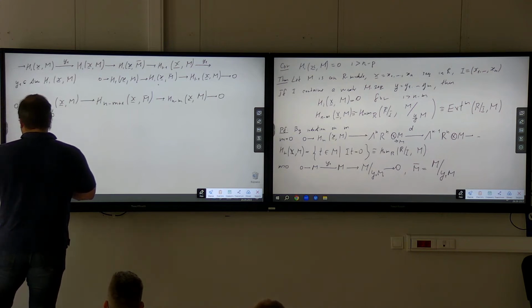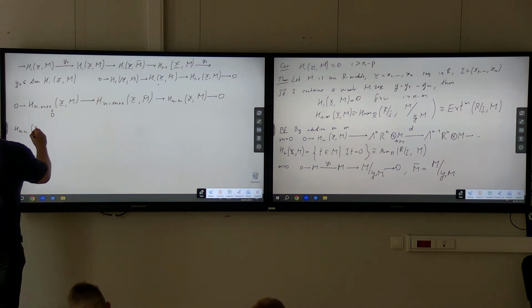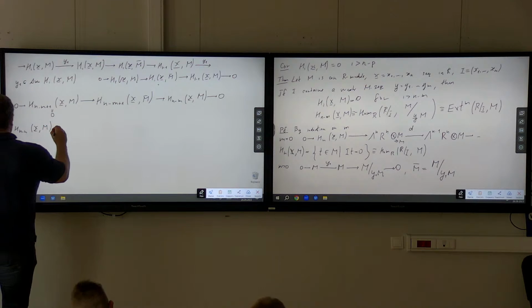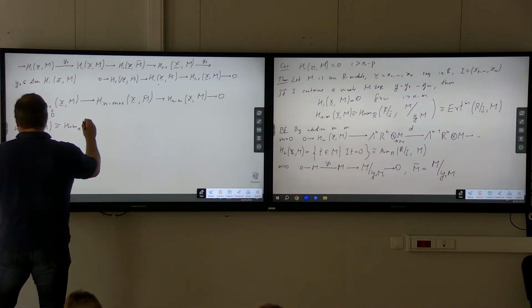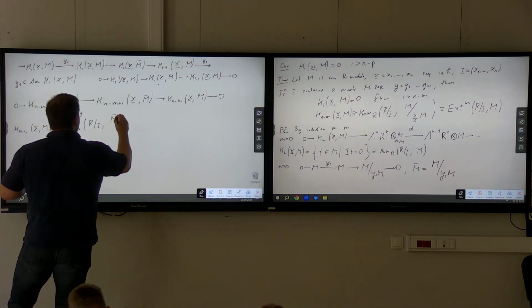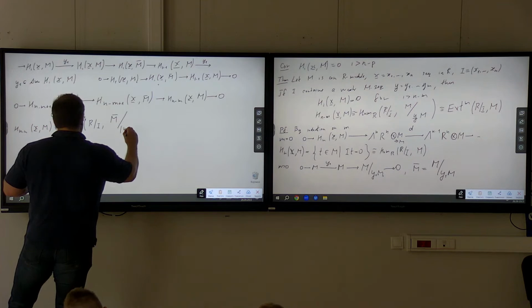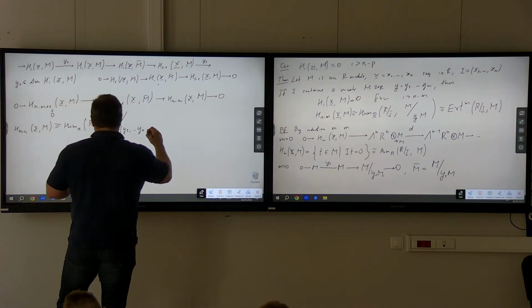So the conclusion is that the H with the index n minus m for the sequence x and the module M is isomorphic to the form R modulo I. Now I have M bar and the quotient by the sequence y starting with 2 up to y_m.